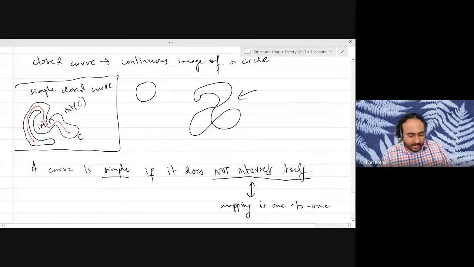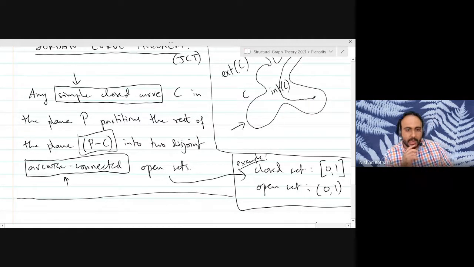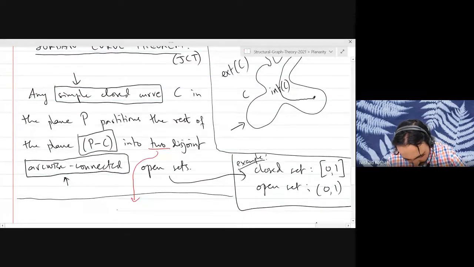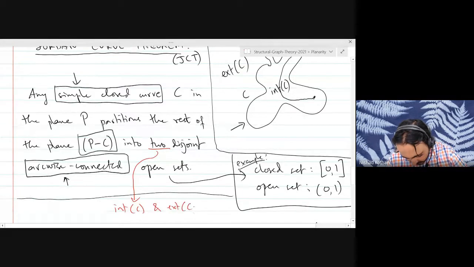And in that sense, the interior and the exterior are going to be arcwise connected open sets. So these two sets are called the interior and the exterior.